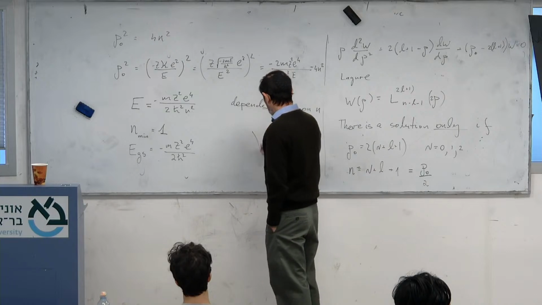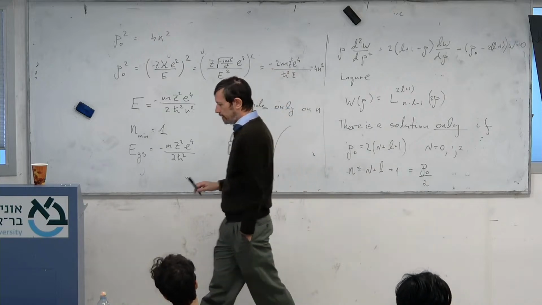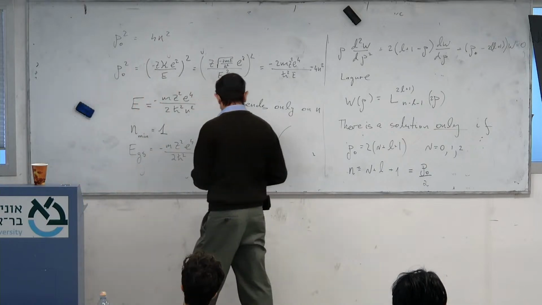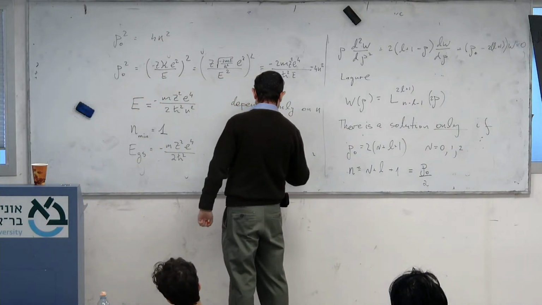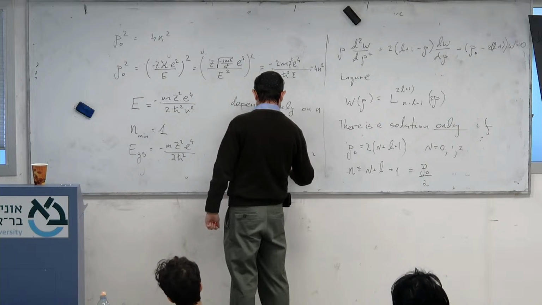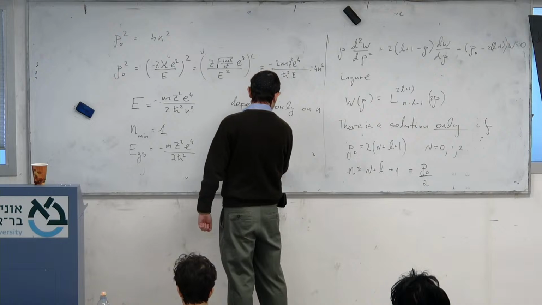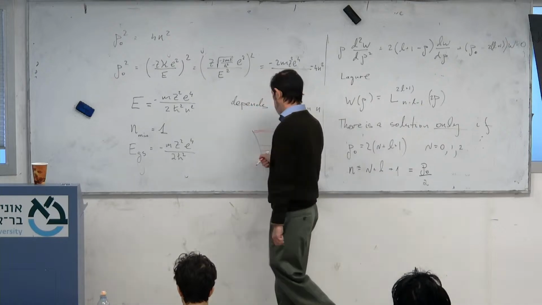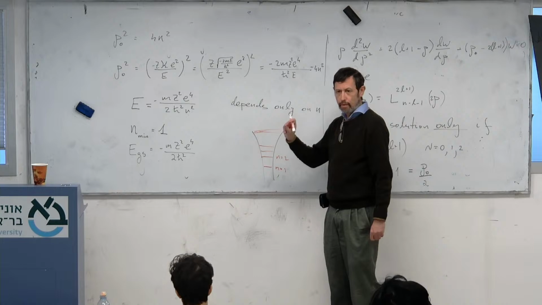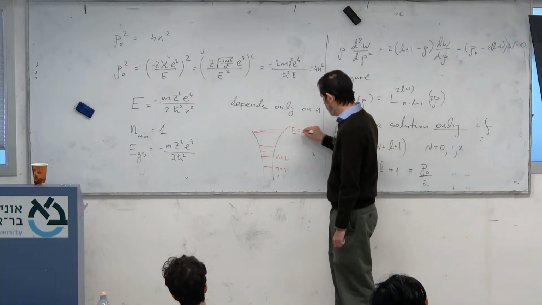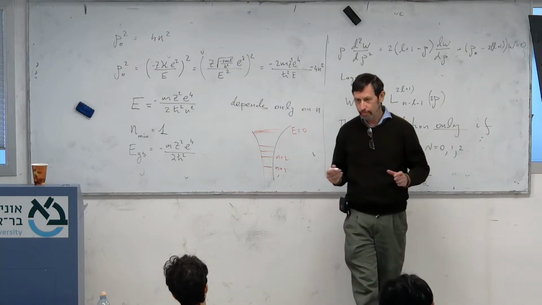So basically, if we look on the states in the potential, they become more and more dense until at E equals 0, they become a continuum.